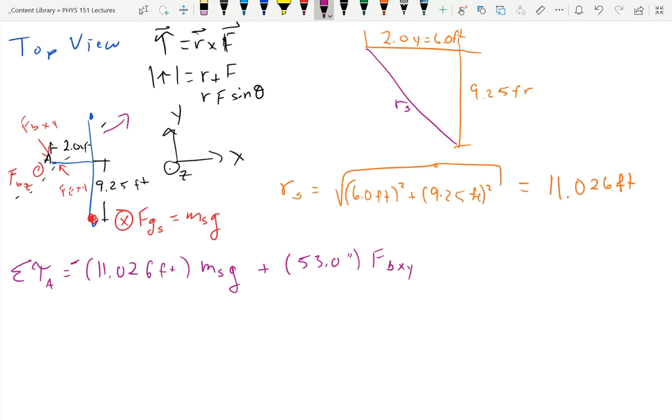Wow, that's a lot of work, right? What's the sum of the torques going to equal? 0, because it's equilibrium.